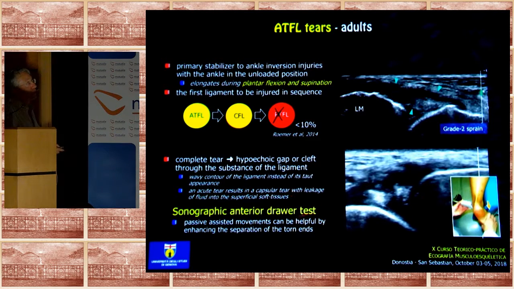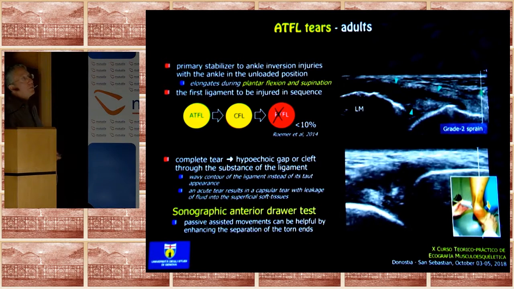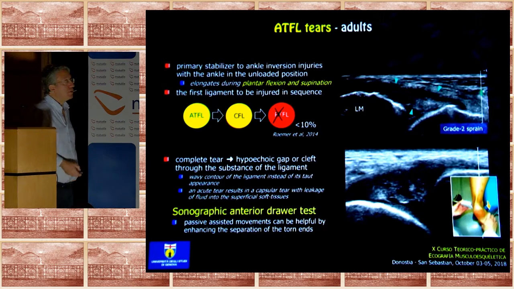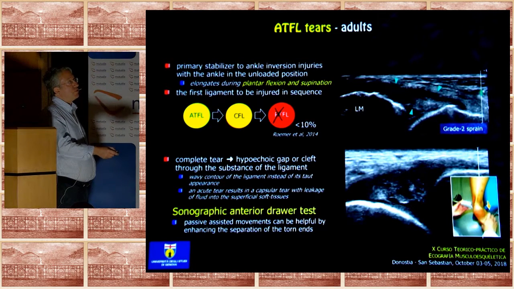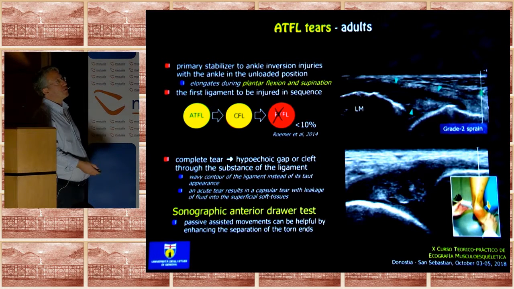Remember the sonographic anterior drawer test, inviting the patient to lie down on the bed, blocking the knee on the bed, and then pushing the foot, the forefoot, towards the floor while in inversion position.